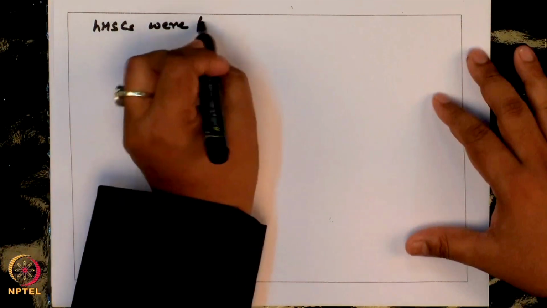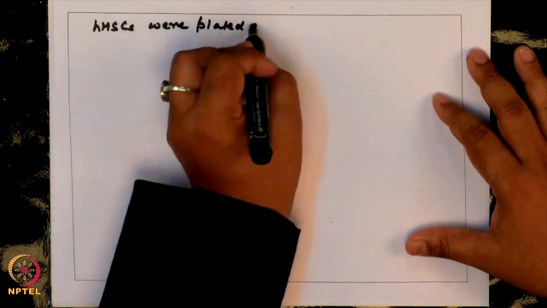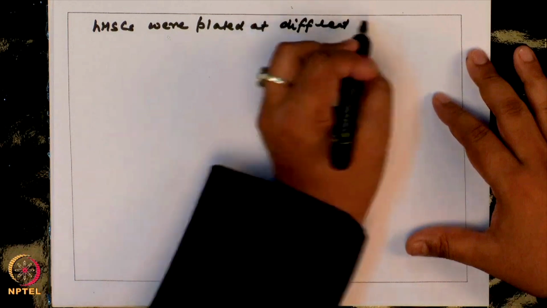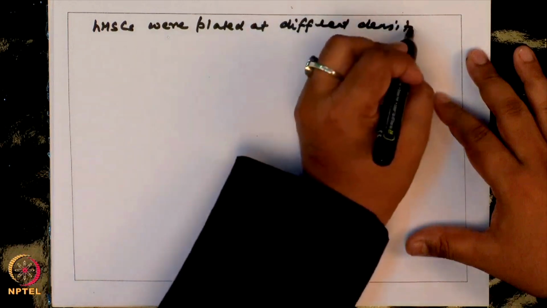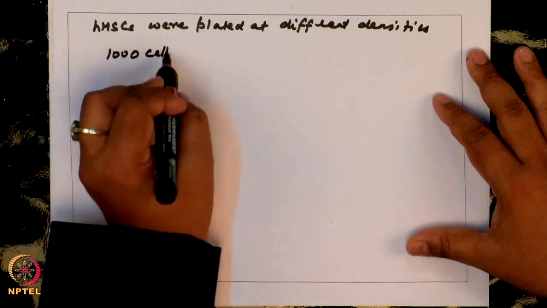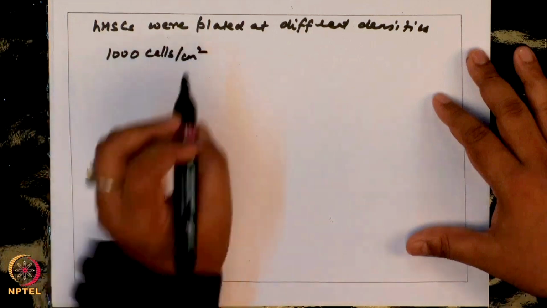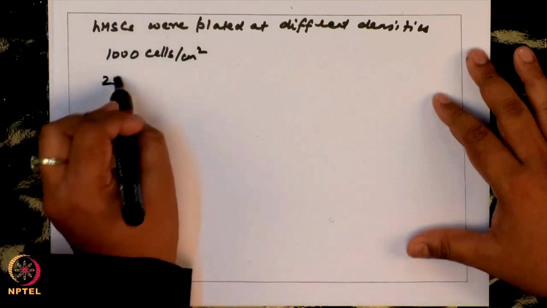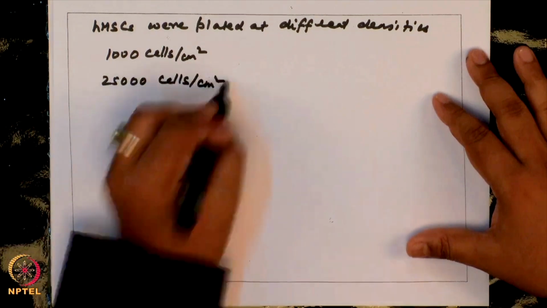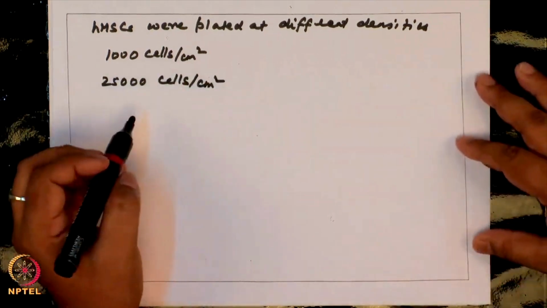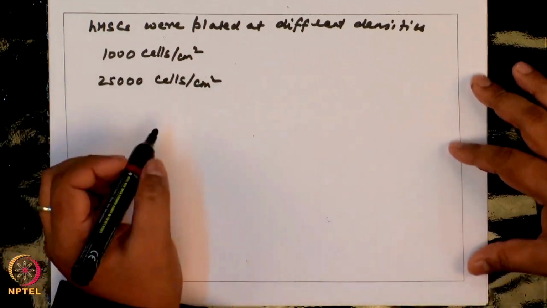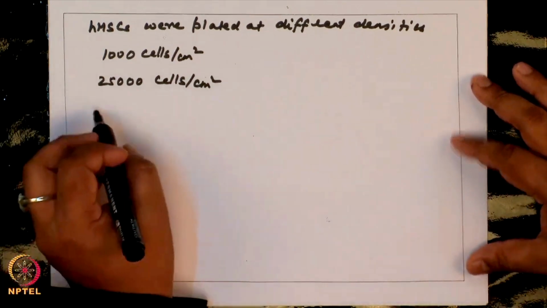HMSCs, plated at different densities, either at 1000 cells per centimeter square or 25 times higher, 25,000 cells per centimeter square. And then they also added one more factor, which is your soluble or growth factor.